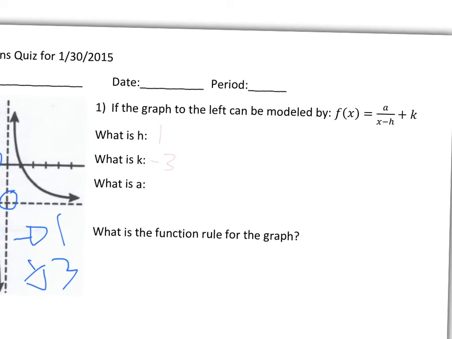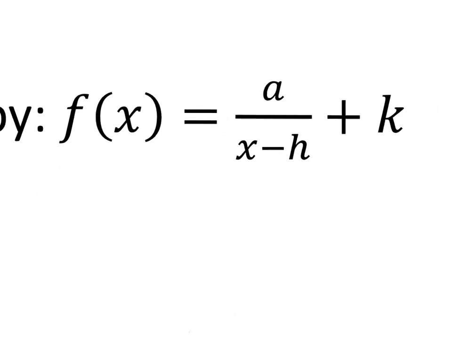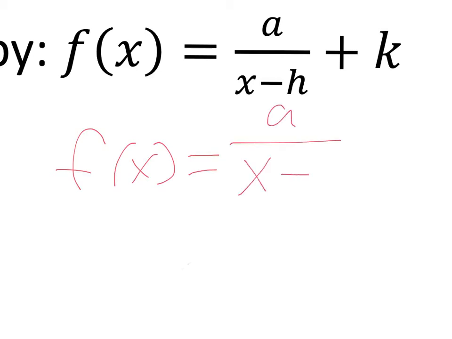We're going to plug in this h and this k into our model over here, into our function. That means our new function is going to be f of x is equal to a over x minus our h, which is 1, minus 3, which is our k.